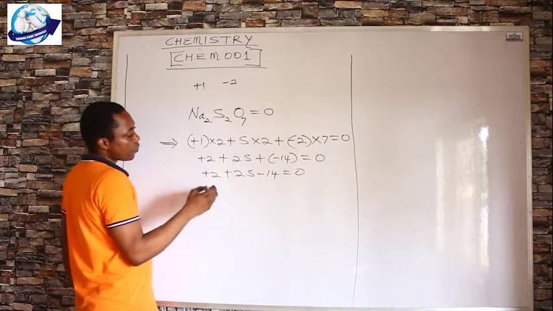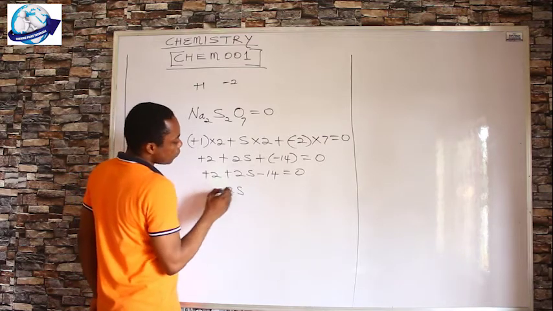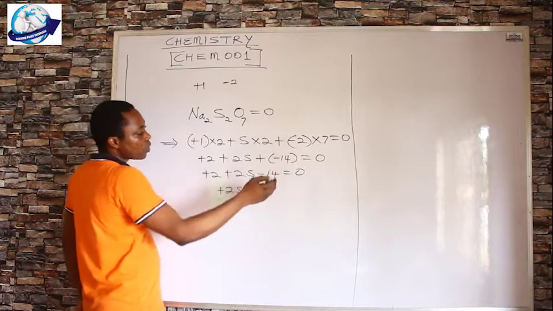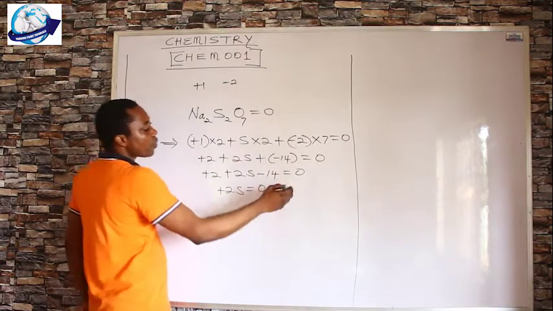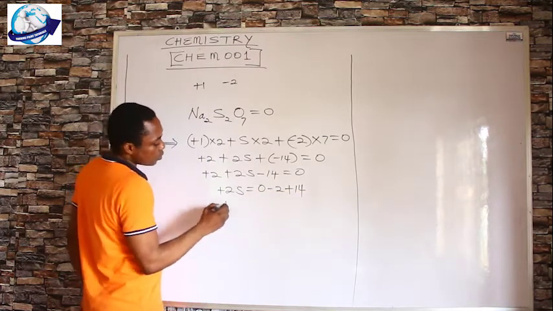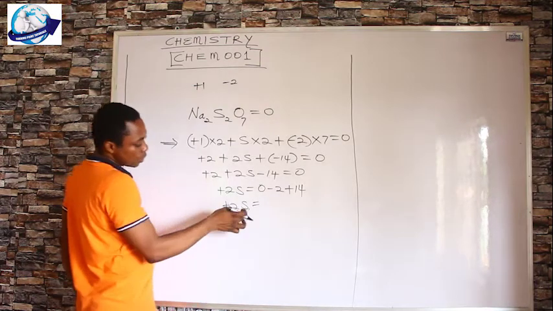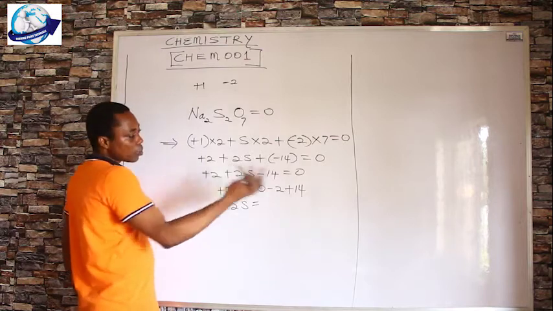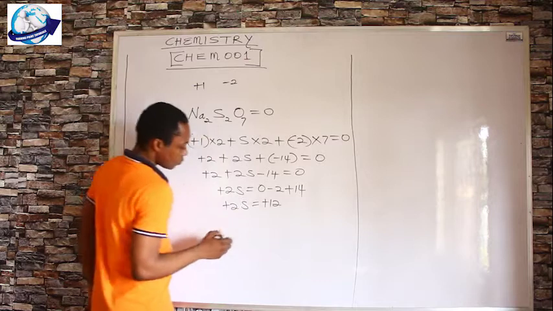Then rearrange everything. Taking it to the other side, you have 2S plus 2 equals 0. Plus 2 crossing over, you have minus 2. Then minus 14 crossing over, you have plus 14. So at the final analysis, you have 2 sulfur equals 0 minus 2, which is minus 2, then minus 2 plus 14 gives us plus 12.